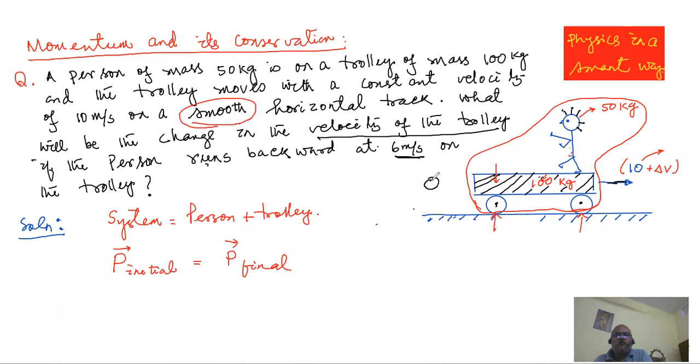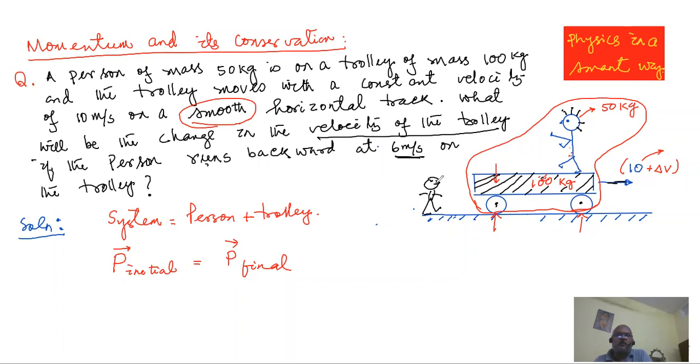So we assume that the entire thing is observed and written by an observer who is standing at rest on the ground. If you put the observer on the trolley, then he is moving, and a moving observer sees all the things in a relative way that might cause complication for us. So we always try to write the equation from the point of view of a reference frame, an inertial observer, standing at rest on the ground.